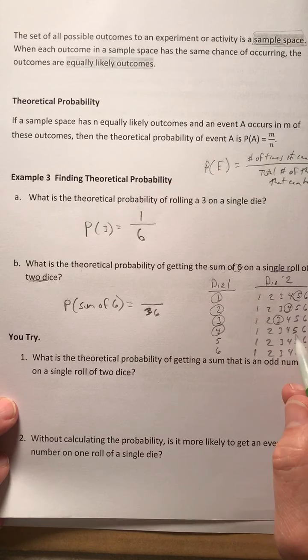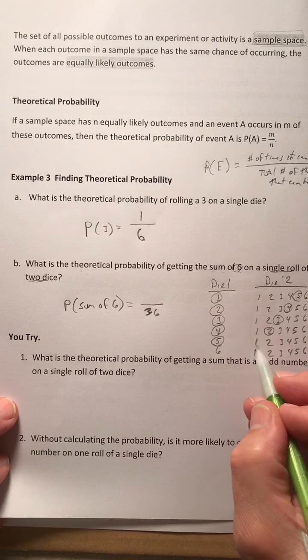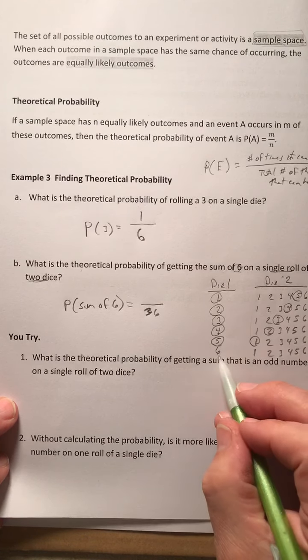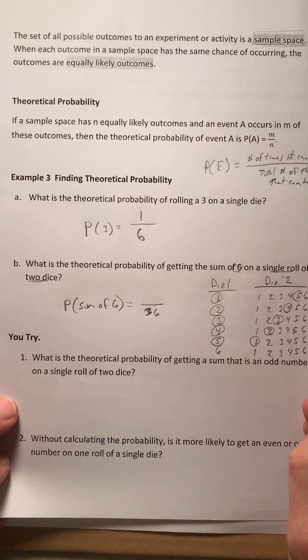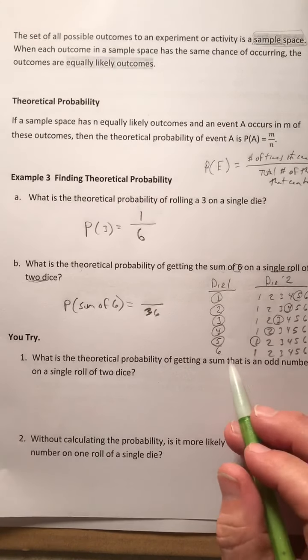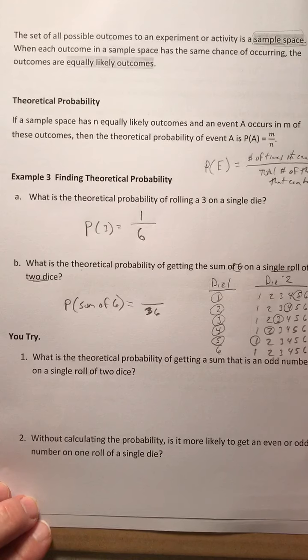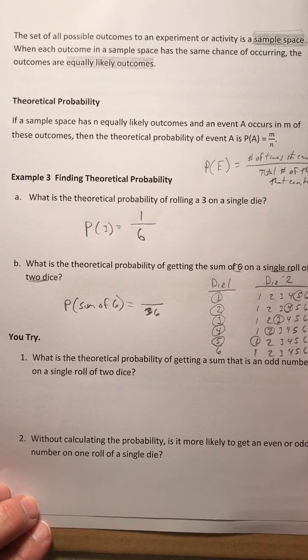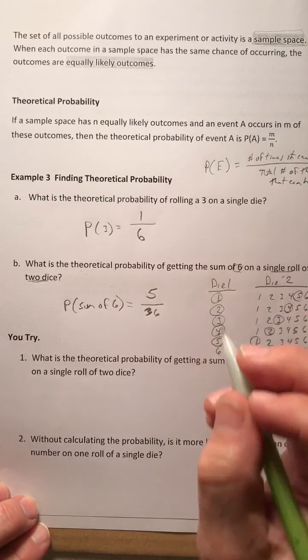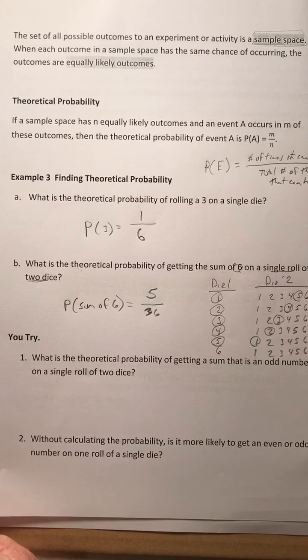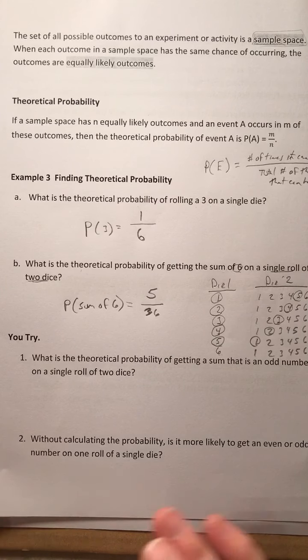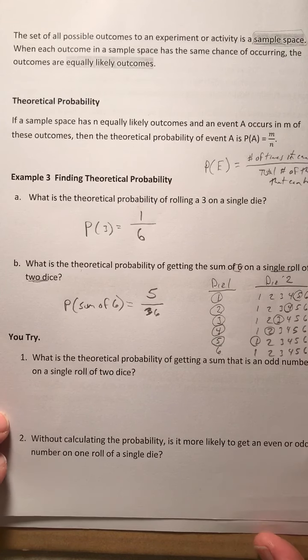A 4 with die 1 gives us a 2. A 5 with a 1. And then a 6, that can't happen. If we get a 6 with die 1, there's no way we can get a sum of 6. So 1, 2, 3, 4, 5. So there are 5 different ways that could come out. All right, so 5 out of 36 is the probability for that.